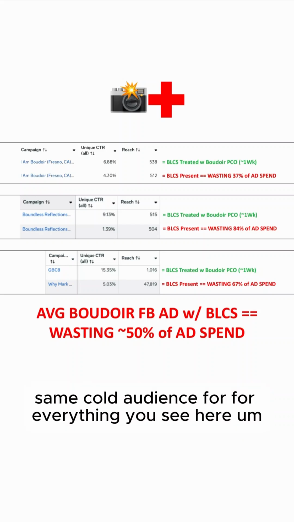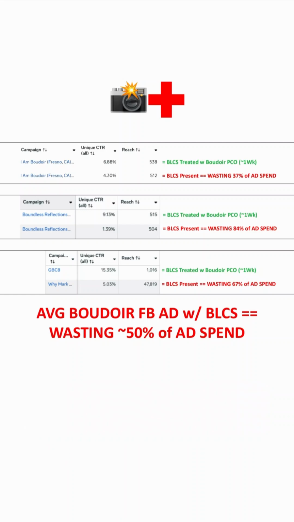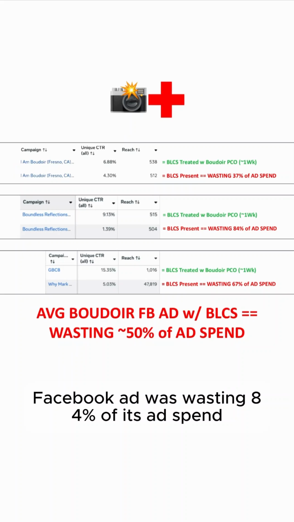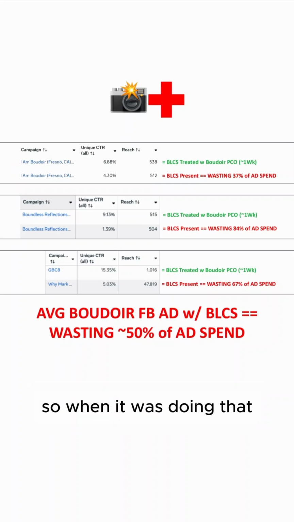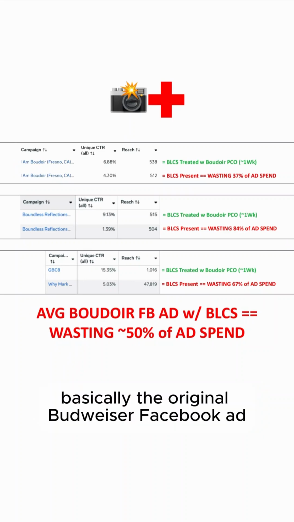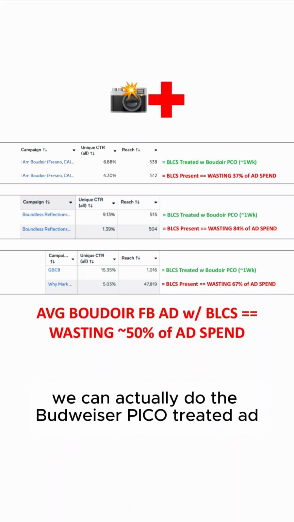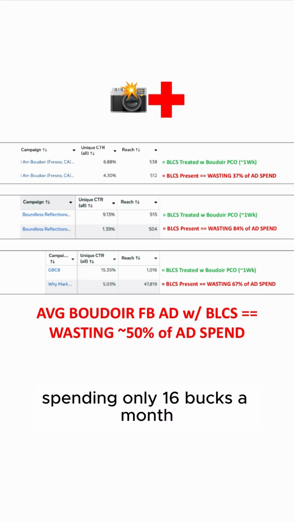It's the same city, same cold audience for everything you see here. And so we found out the original Boudoir Facebook ad was wasting 84% of its ad spend. So basically the original Boudoir Facebook ad spent 10 grand a month. Instead of doing that, we can actually run the Boudoir Pico treated ad spending only $1,600 a month.